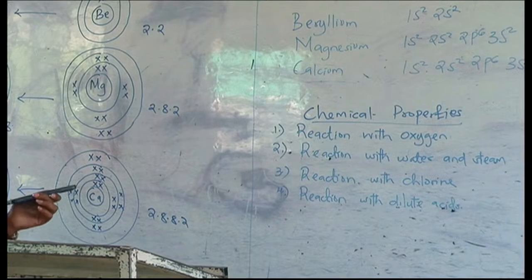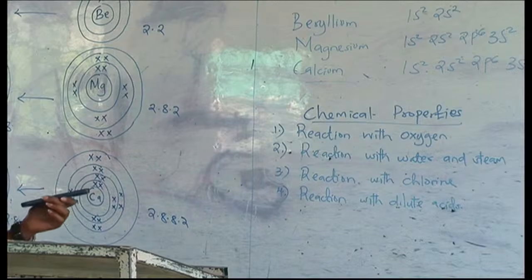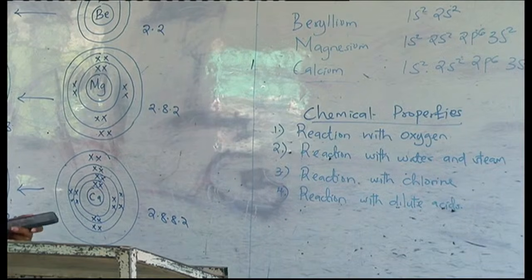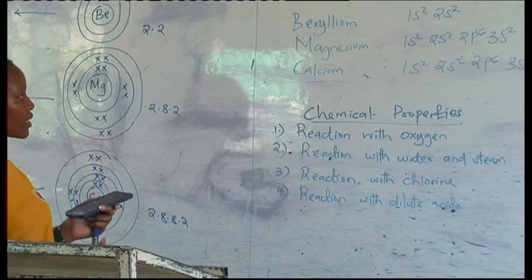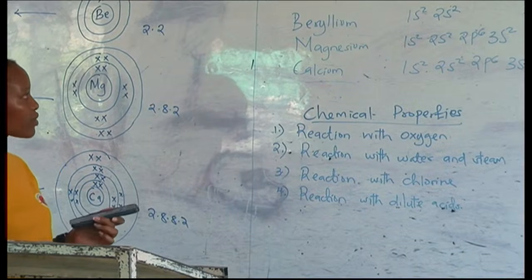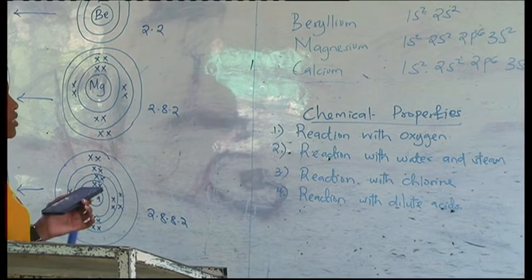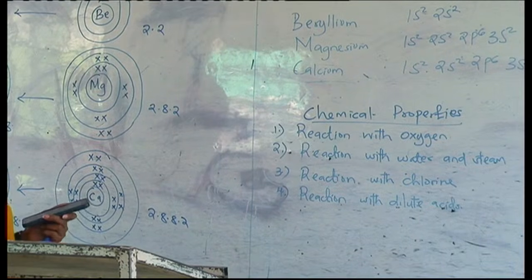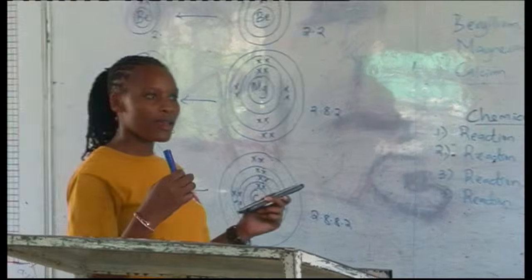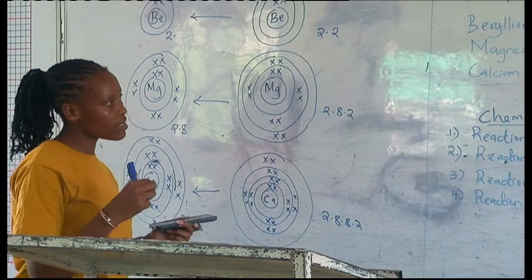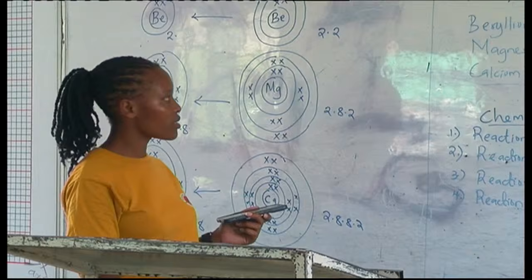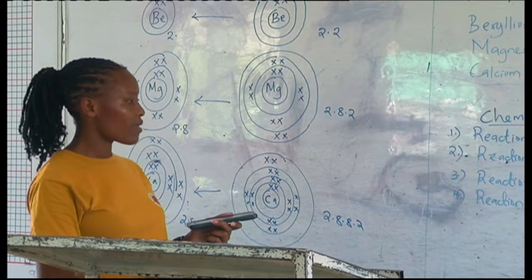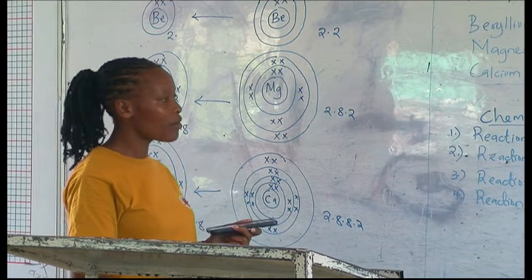Before we even start discussing the chemical properties of alkaline earth metals, it is important to note that reactivity of alkaline earth metals increases down the group because of the increase in their atomic size. As the atomic size of the group 2 elements becomes larger and the strength of the force that holds the atoms together becomes less, that atom becomes more reactive.